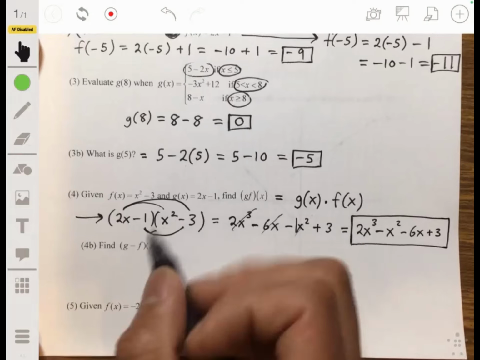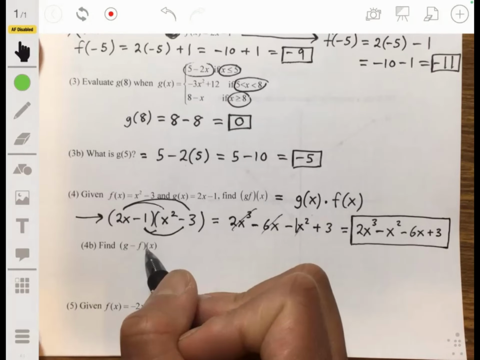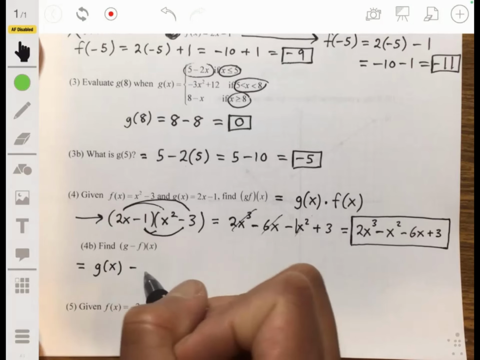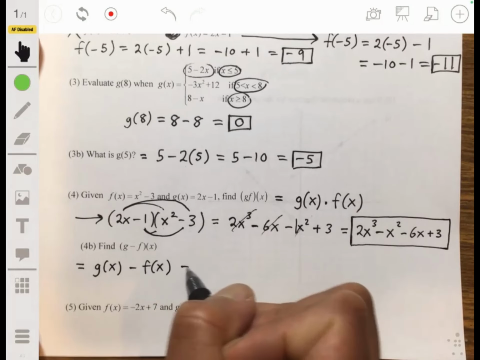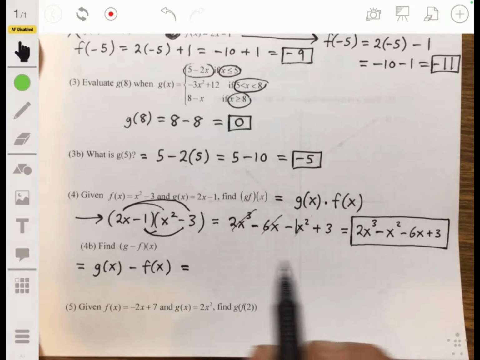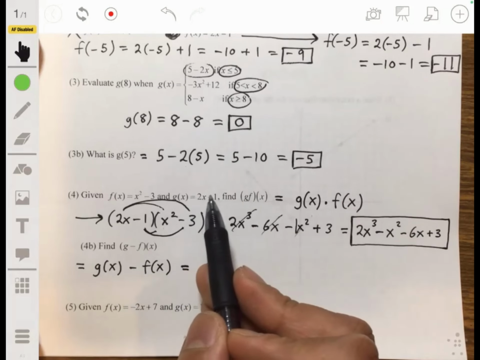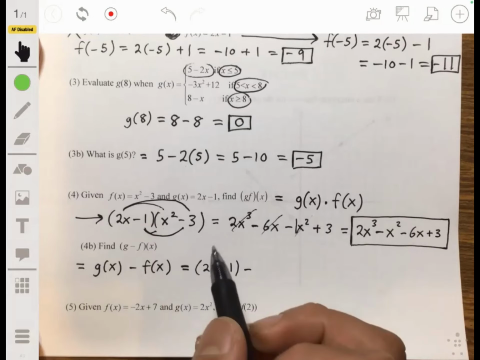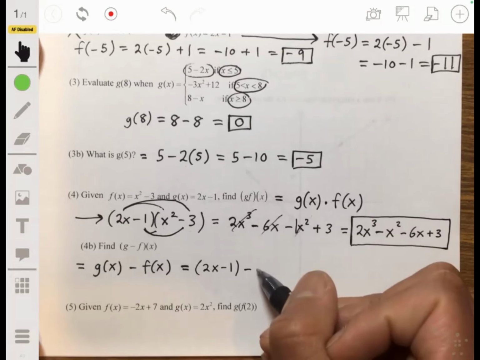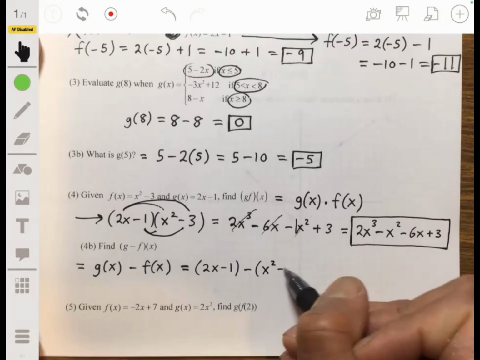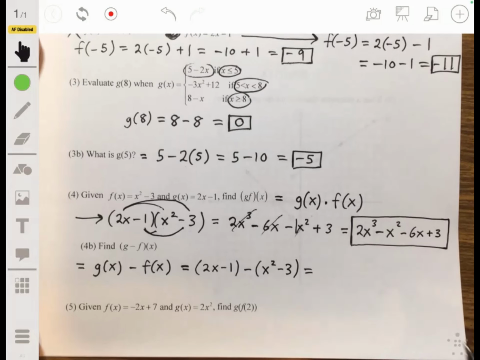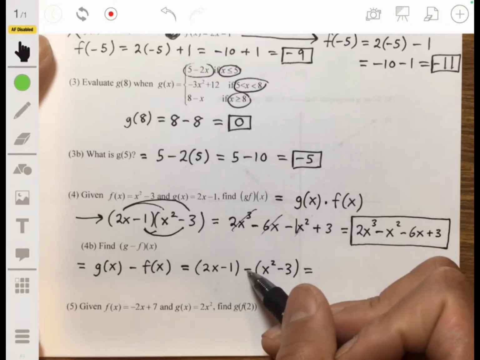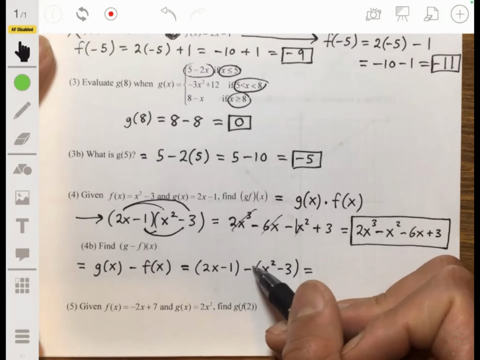Okay, part B is then asking find g minus f of x, which is essentially g of x minus f of x. So then we just simply have 2x minus 1 minus x squared minus 3. And then we just have to make sure we distribute this negative symbol correctly.